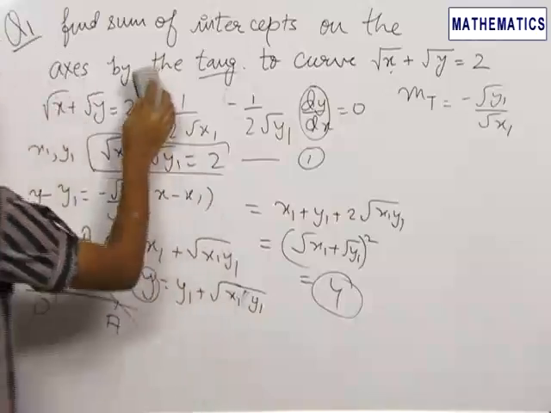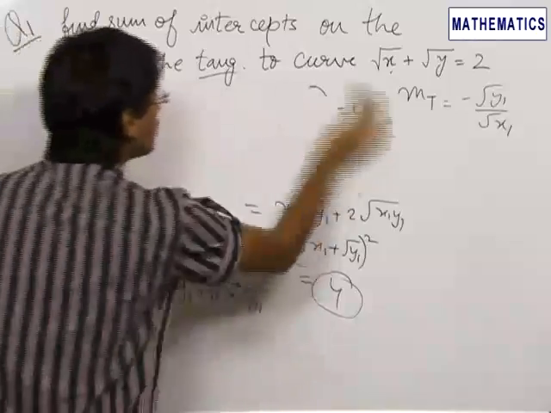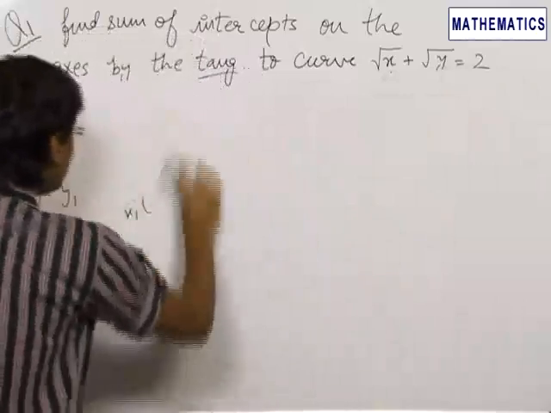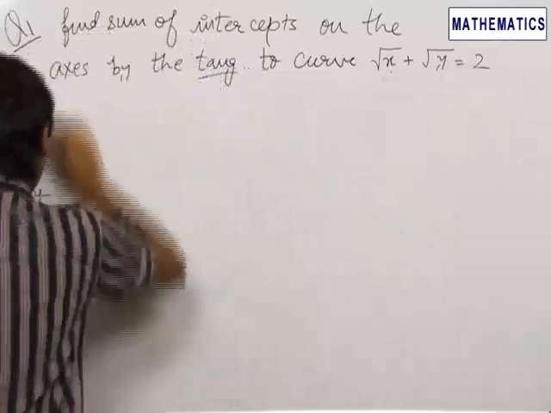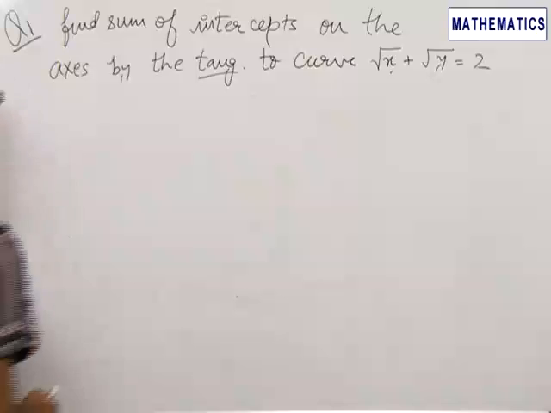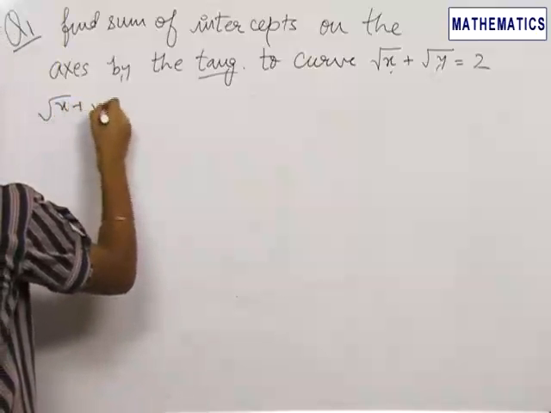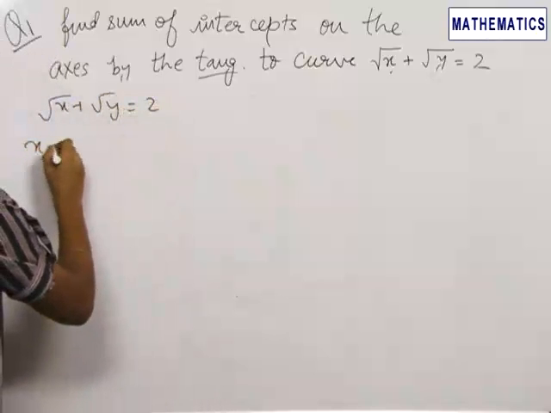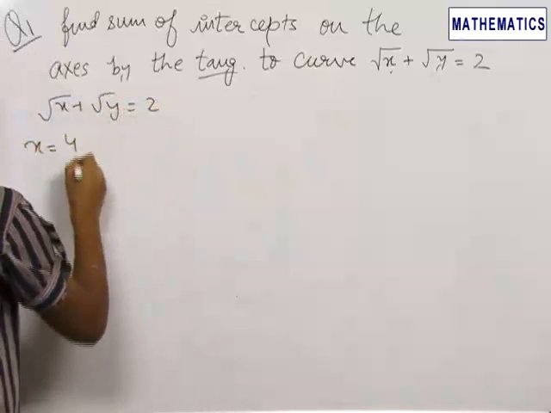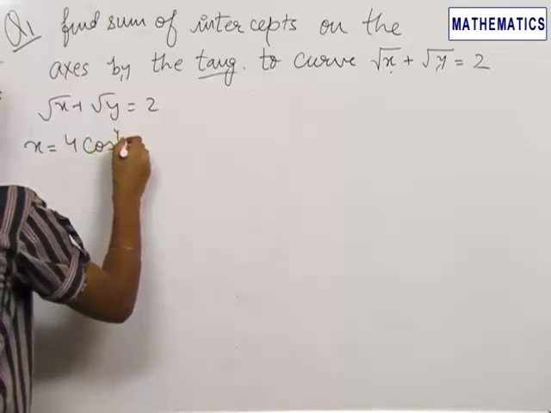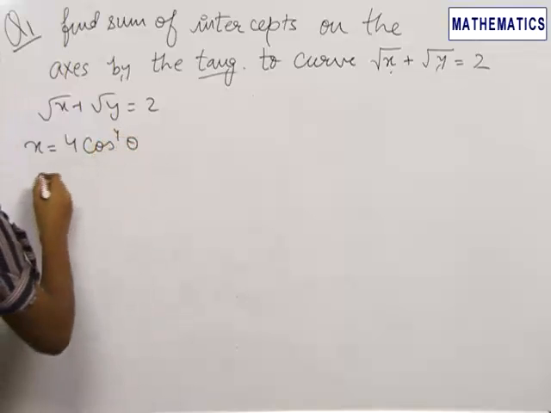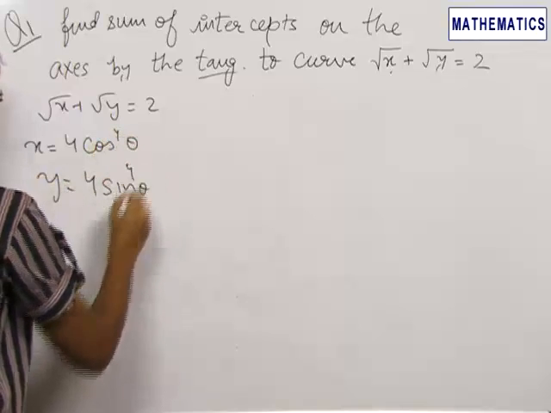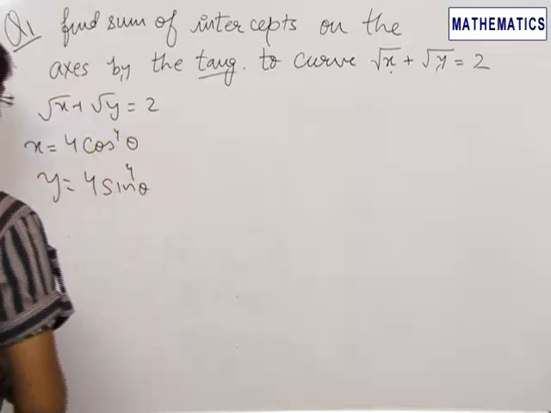Now we'll try to solve this question by using the parameter theta, and we'll see that the question becomes pretty easy if we choose proper parameter theta. We are given that root x plus root y equals 2. So we can use x is equal to 4 cos theta power 4 and y to be equal to 4 sin theta to the power 4.